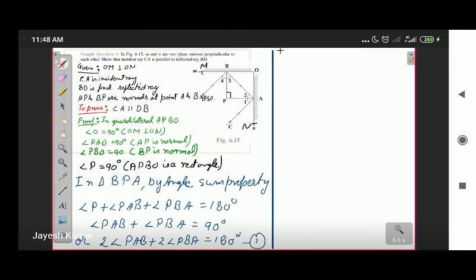At point A, let me write down a theory first.